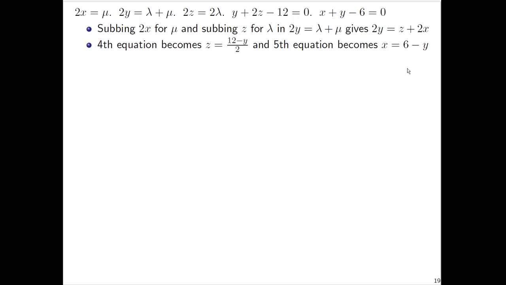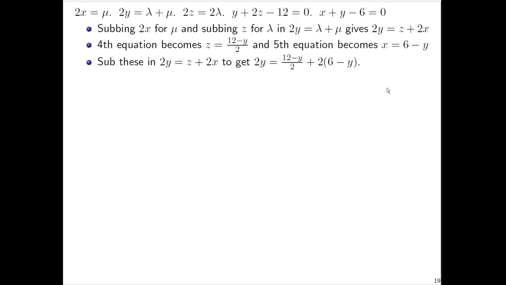And the fifth equation, solving for x, gives x equals 6 minus y. So let's sub what we just got for z and x into 2y equals z plus 2x. So we write 2y equals the fraction 12 minus y over 2, plus 2 times 6 minus y. So finally, we have an equation that's all in one variable.